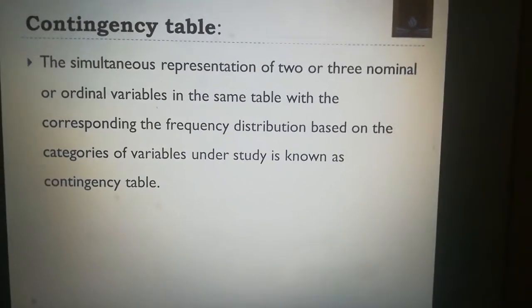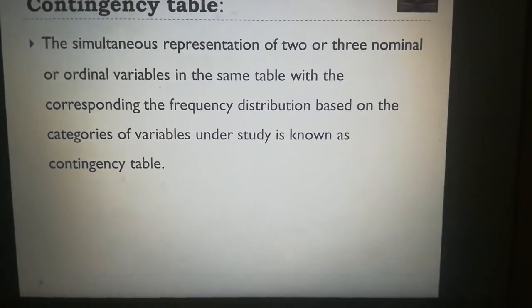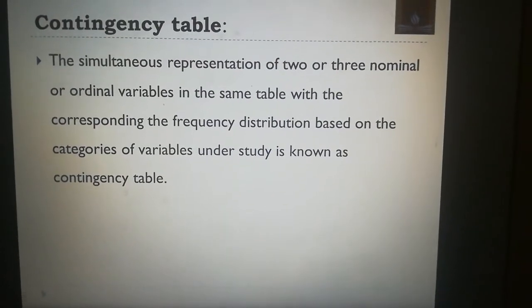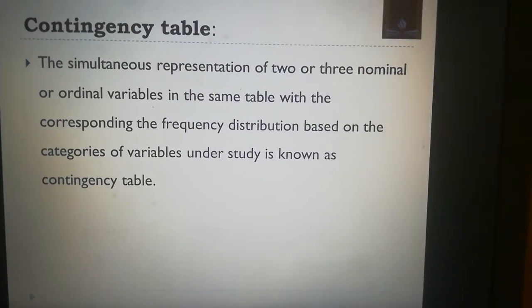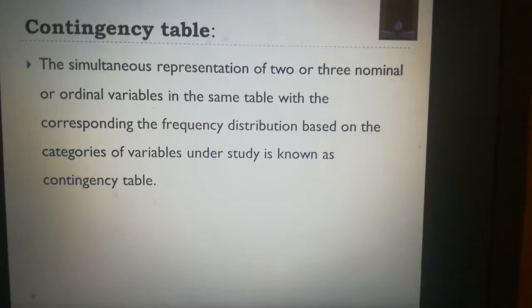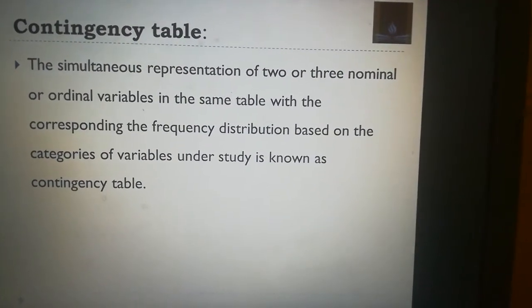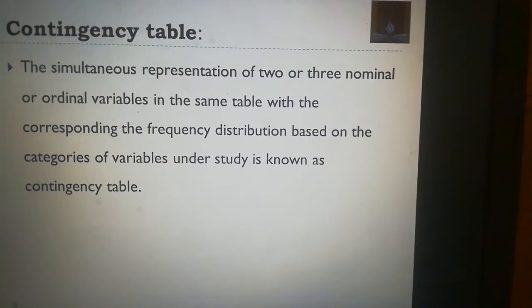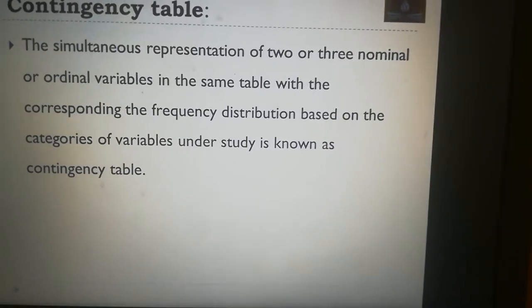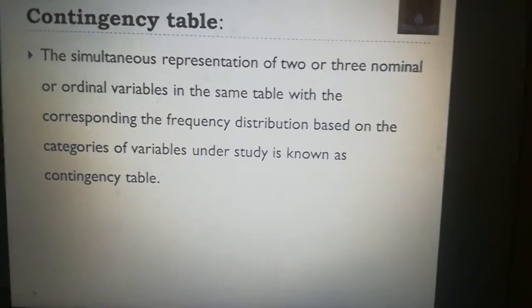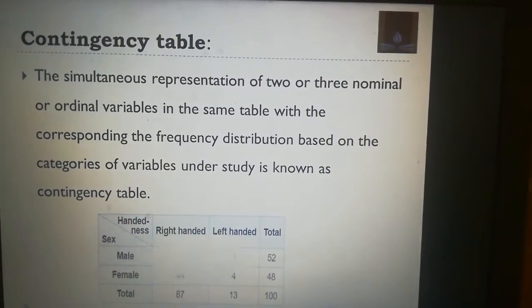It is known as the contingency table. Here we could see the difference is 2 or 3 nominal or ordinal variables in the same table. Let's have a look at an example.